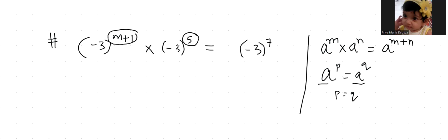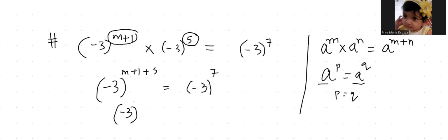On the right-hand side, I have 7. So I can write this as -3 to the power m plus 1 plus 5 is equal to -3 to the power 7. So I am adding, isn't it? I'm taking the same base and adding both the exponents. That will be -3 to the power m plus 6 is equal to -3 to the power of 7.